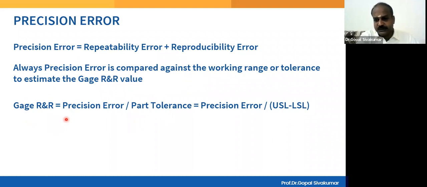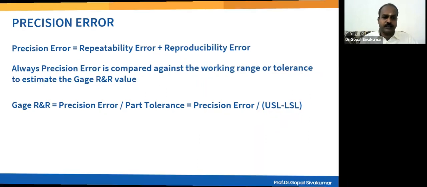The other name of the precision tolerance ratio is gauge R&R. In gauge R&R, the numerator is precision error and the denominator is USL minus LSL, because USL minus LSL is the range of tolerance, and this ratio should be less than 10% to consider your measurement system good.